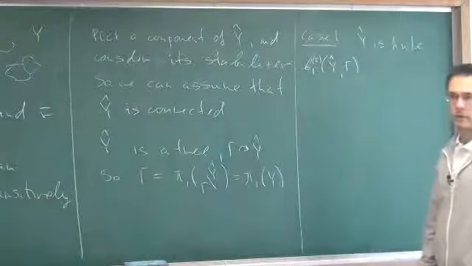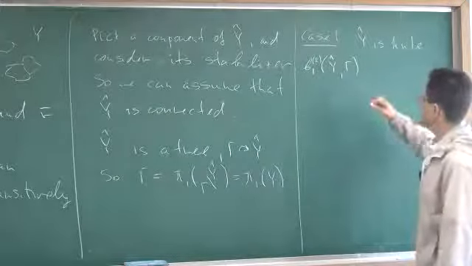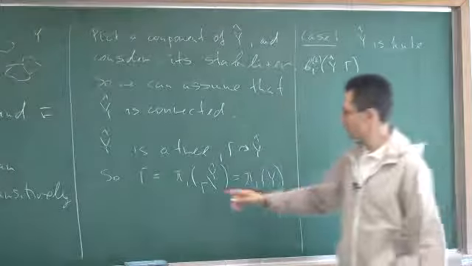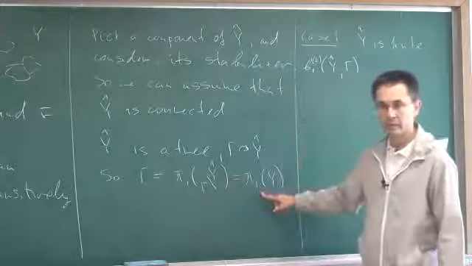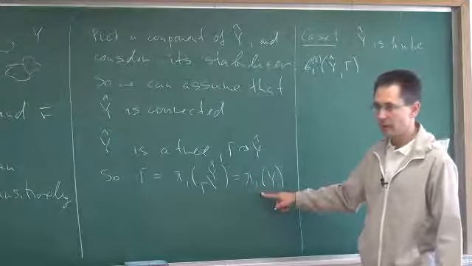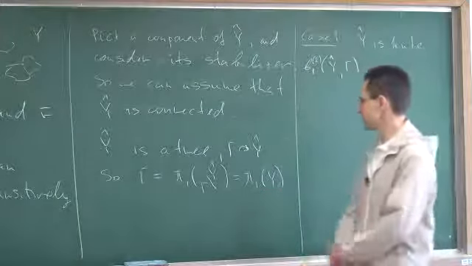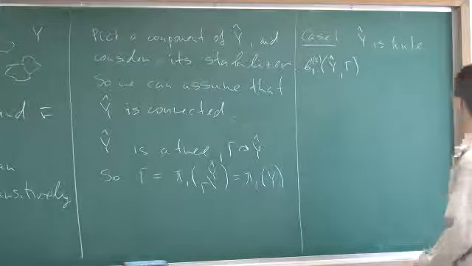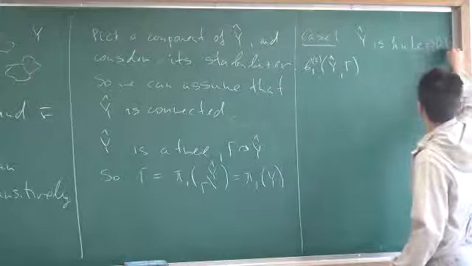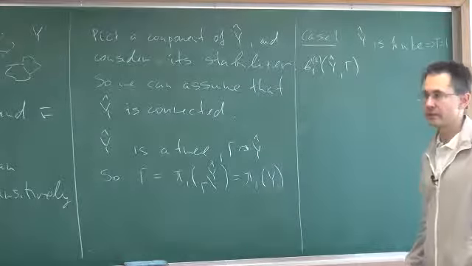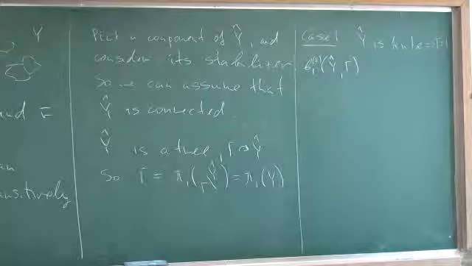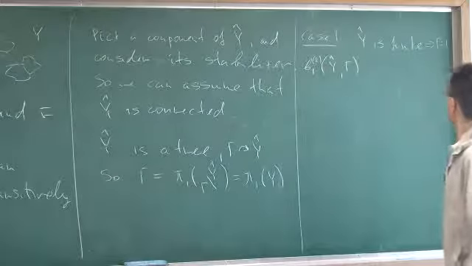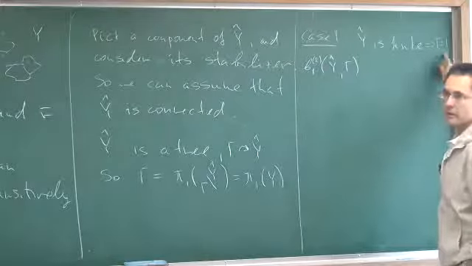So what is gamma? Since gamma acts freely on a finite tree, it implies that gamma is the fundamental group of the quotient. But the point is that it must be the identity. Then gamma is just the trivial group. This is the only case that's possible. The only free action on a finite tree is the action by the trivial group.